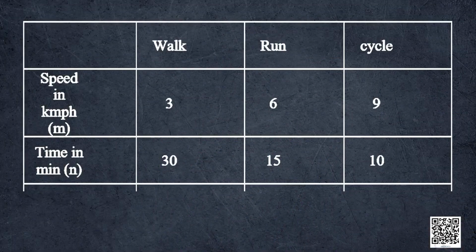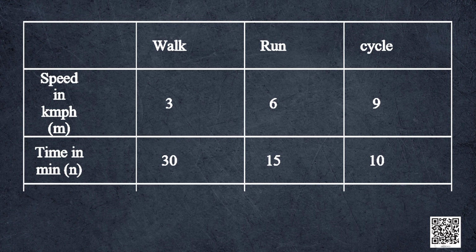Can you see something more than that? Let us see. In situation 1, let us take the speed as m and time as n. Now, find out what happens to the product m into n. What are the values of mn?